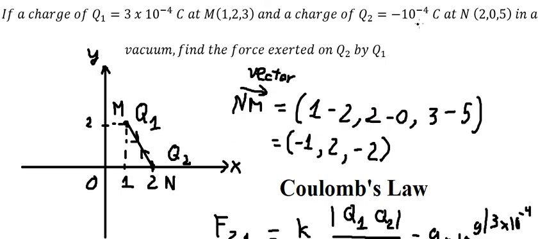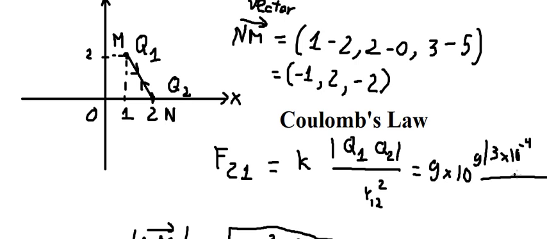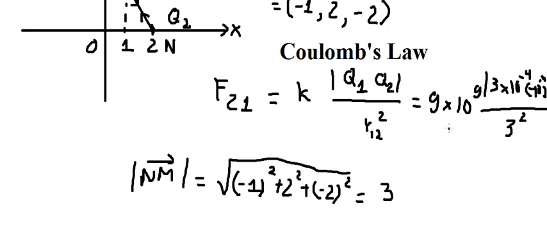Negative 10 to the power of negative 4, I will put in here. And 3 squared. We calculate this one and we have 30 newtons. This is the first step.